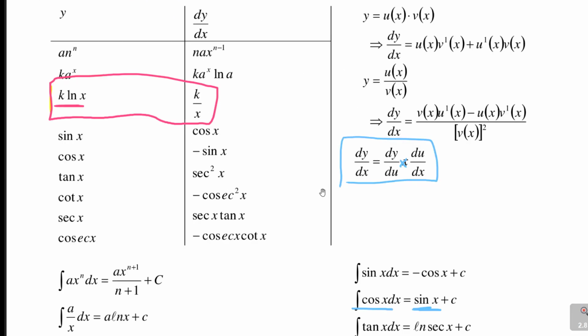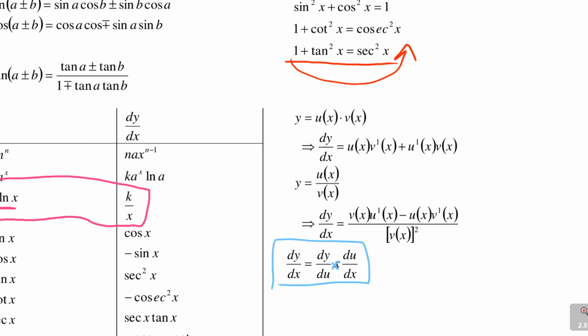Let me look at the quotient rule. We are looking at this one. dy over dx is u of x times the derivative of v, minus the derivative of u times v of x. I'll try to apply that formula. That's what we're using.